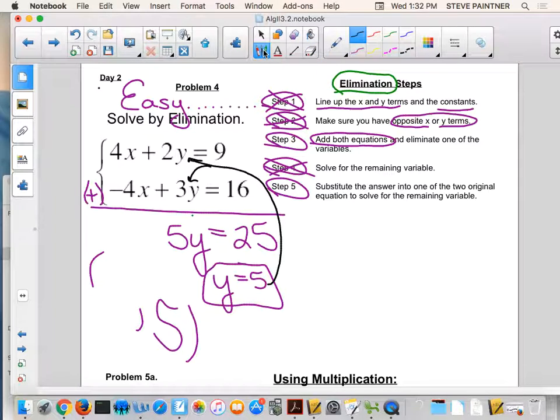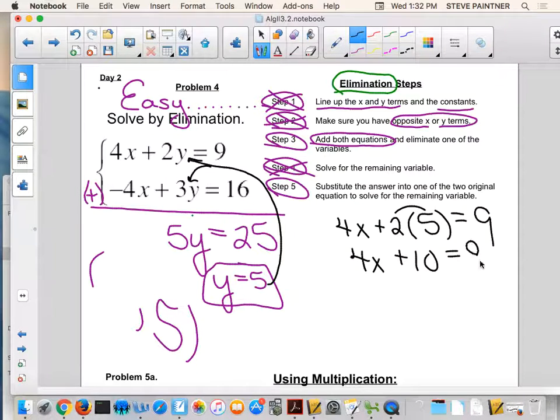So we go what? 4x plus 2y equals 9. What's y? It says right here, y is 5. So put the 5 in for y. Okay, and 2 times 5 is 10. Now what?